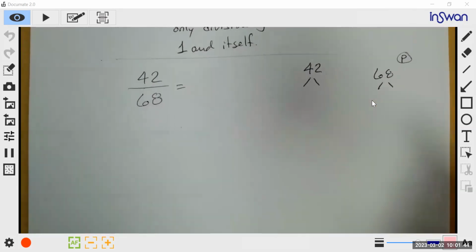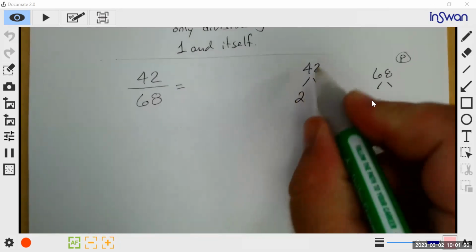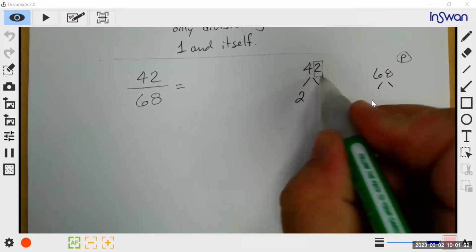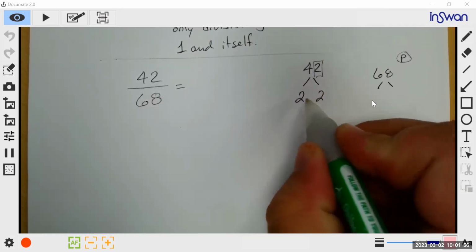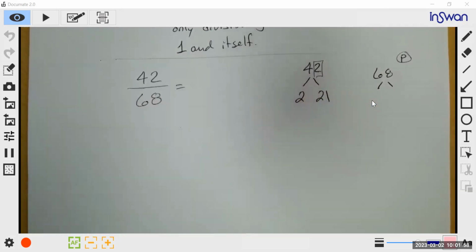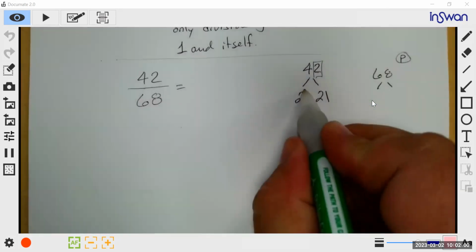So what do we know goes into 42? 2. We know it because the last number is an even integer. 2 goes into 4 twice. 2 goes into 2 once. So that's as far as that one goes.